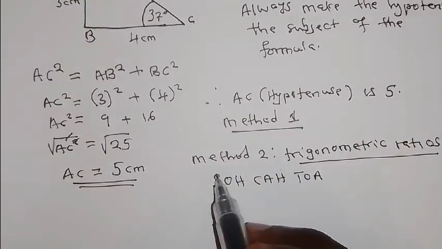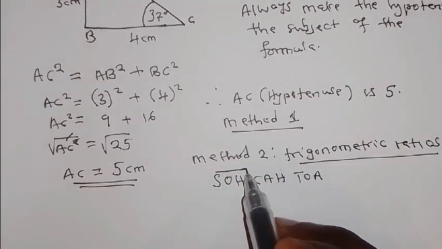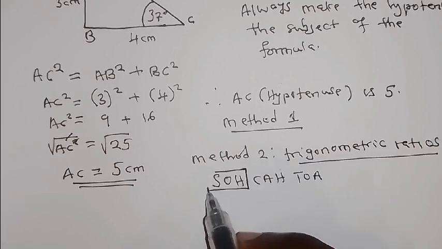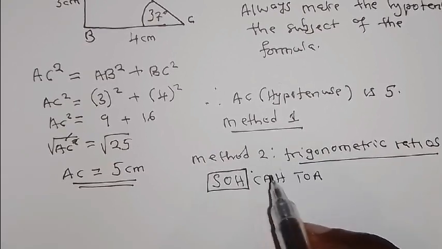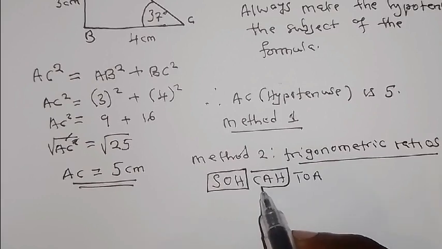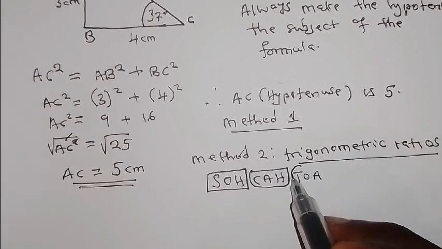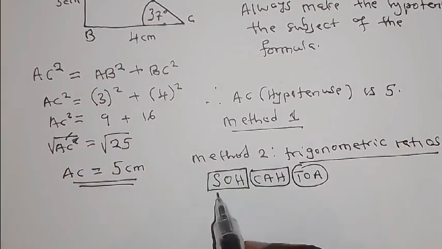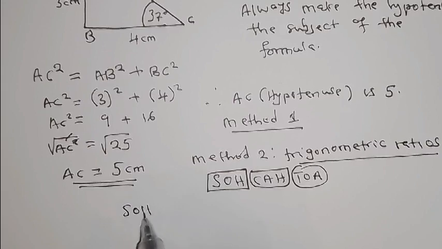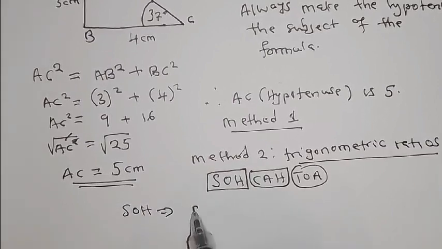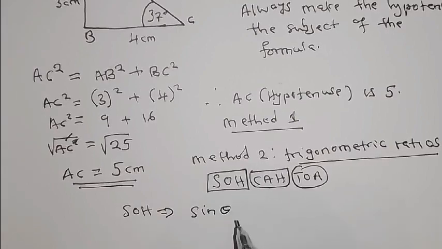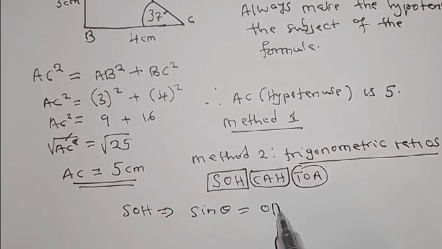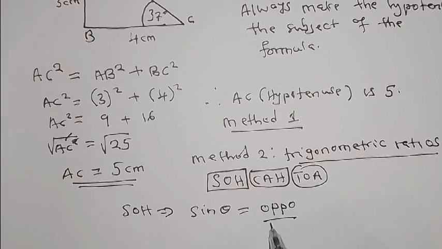And we know that the abbreviation makes up 3 ratios. The first one, SOH, is sine theta equal to opposite over the hypotenuse.